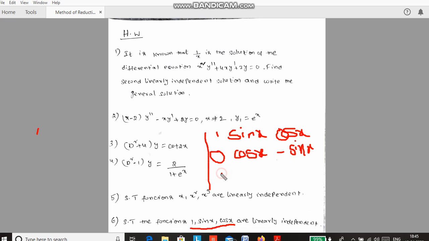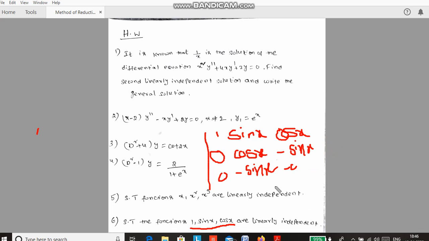The second differentiation of 1 is 0, the second differentiation of sin x is minus sin x, and here you will get minus cos x. This is the third row. So if this determinant is not equal to 0, then these three functions are linearly independent.